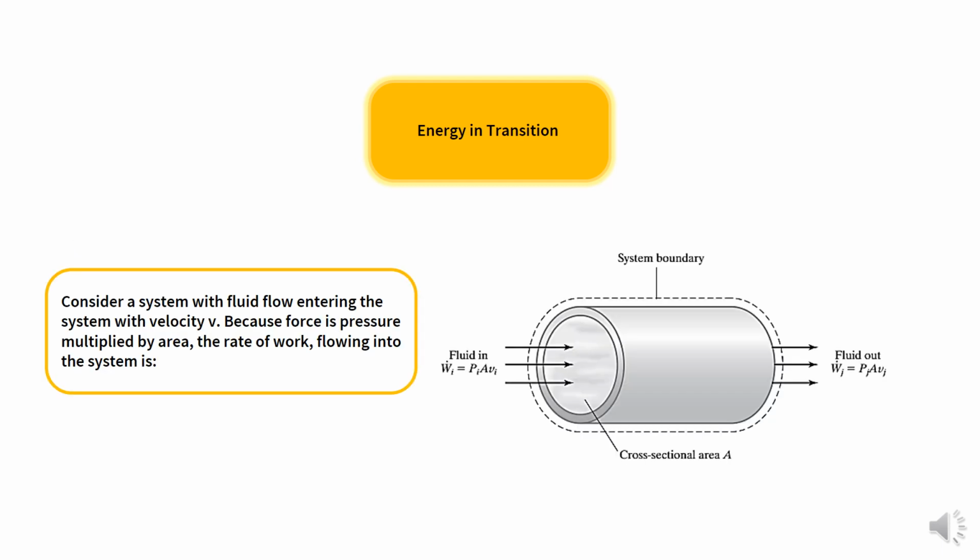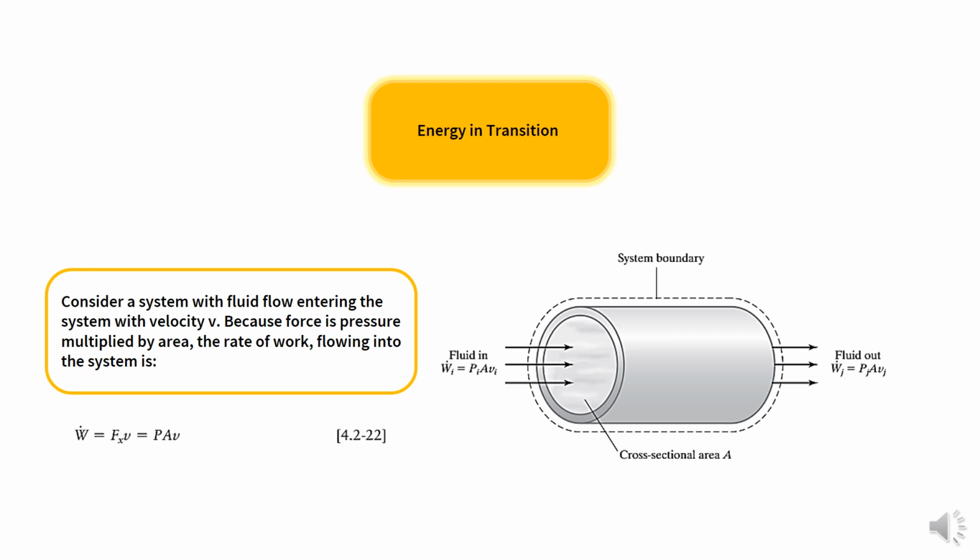Consider a system with fluid flow entering the system with velocity v. Because force is pressure multiplied by area, the rate of work, or W dot, flowing into the system can be written as the equation below, where P is the pressure where the fluid crosses the system boundary, and A is the cross-sectional area of the conduit carrying the fluid.